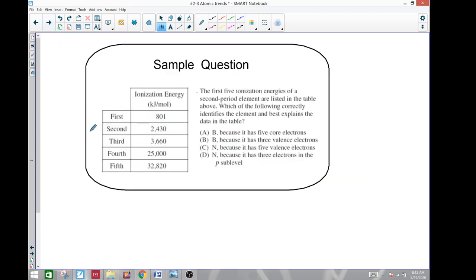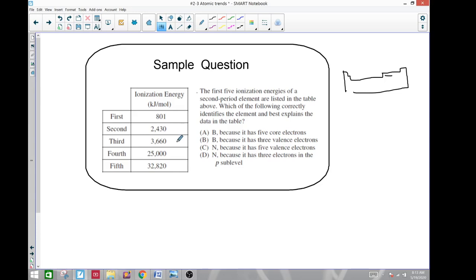All right, sample question. The first 5 ionization energies of a second period element are listed below. Second period refers to the second row of the periodic table, which is right here, which quickly identifies the element that best explains the data table.